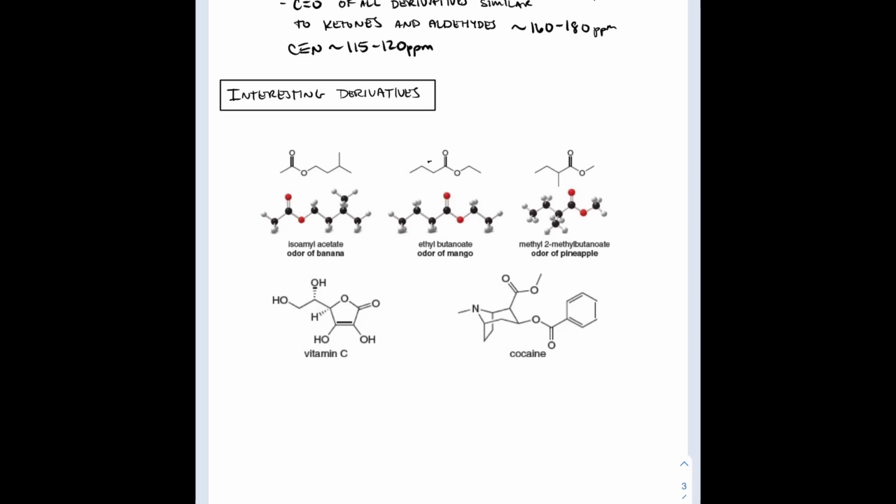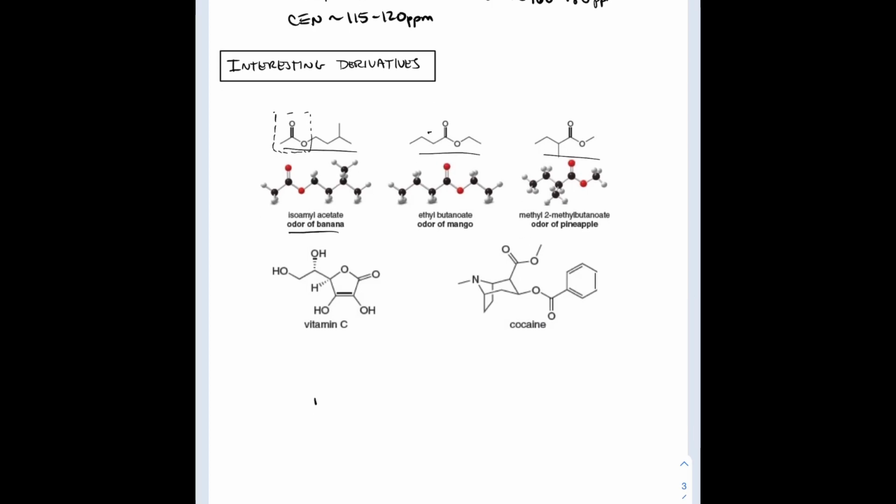Now, Shazam! We got interesting derivatives, and I like this one because we got a lot of cool structures here. The top three are some esters that have pretty big roles in making delicious foods. The odor of banana is the one on the left. We got mango and pineapple.